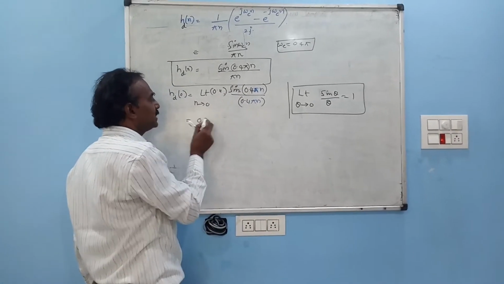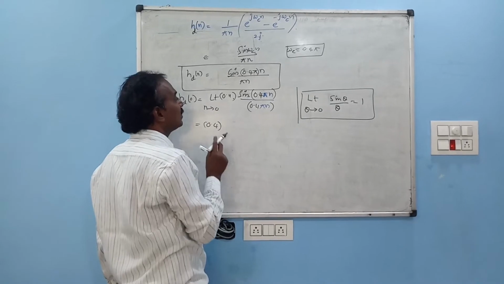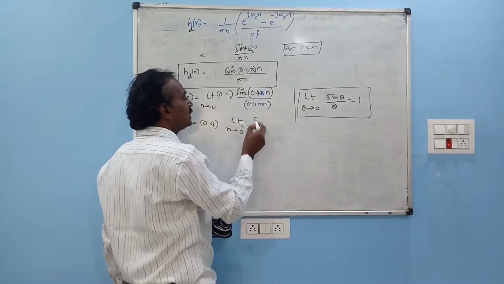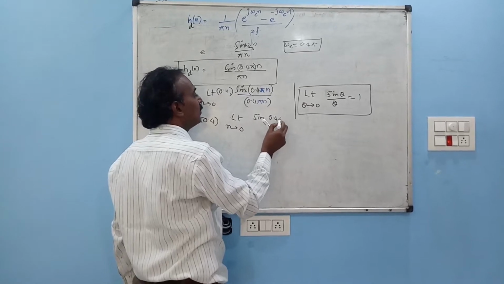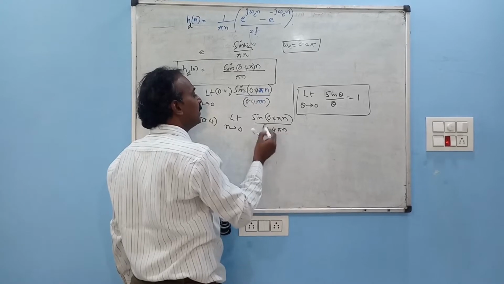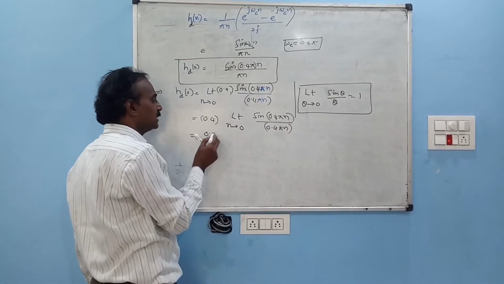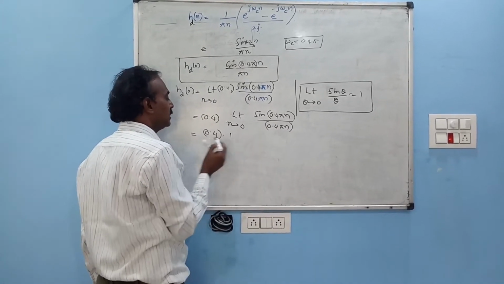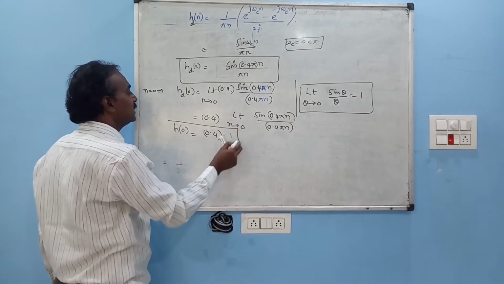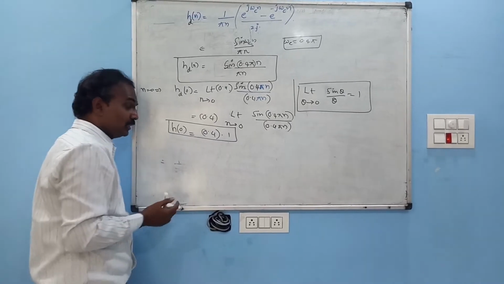Now if I take this 0.4 outside, it is limit n tends to 0 sine 0.4 pi n by 0.4 pi n, sine theta by theta form. So this is 1. So I got h of 0 value is 0.4, this coefficient.